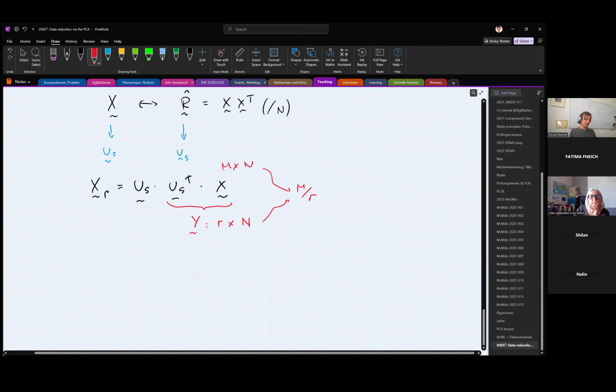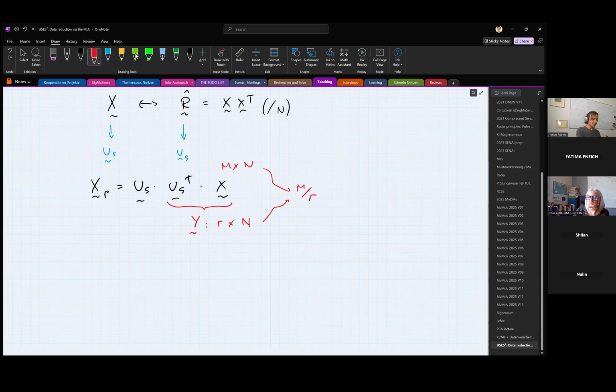And this is maybe the slight distinction that we need to make between the PCA and standard compressed sensing. Just very quickly, for PCA, we compute U_S dependent on the data, so dependent on X, at least some training data sample, and U_S is known.